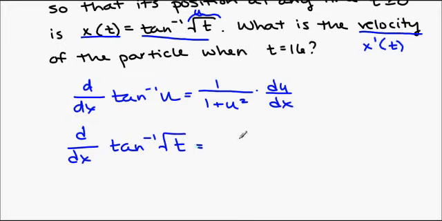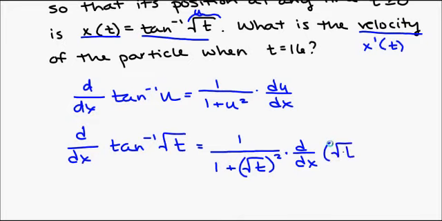Okay, so let's plug it in. We have 1 over 1 plus, my u is the square root of t, squared, times d dx of the square root of t.